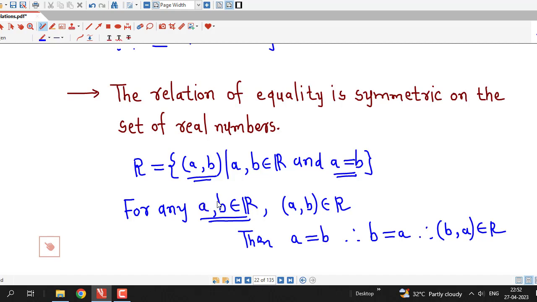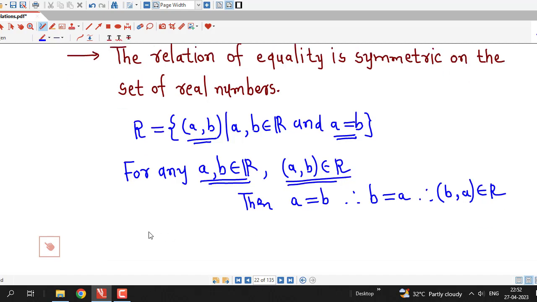So we have shown that if we take any two real numbers, then whenever (a, b) belongs to R, then (b, a) belongs to R. Therefore this relation of equality is symmetric on this set of real numbers.